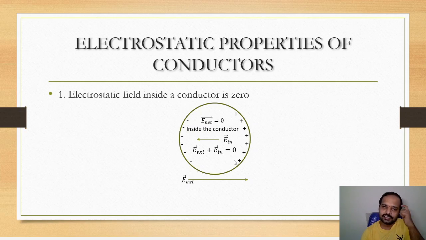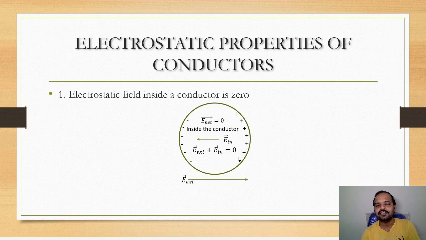That is, inside the conductor the electrons will start moving opposite to the direction of the external field and the positive charges will move along the direction of the external field.